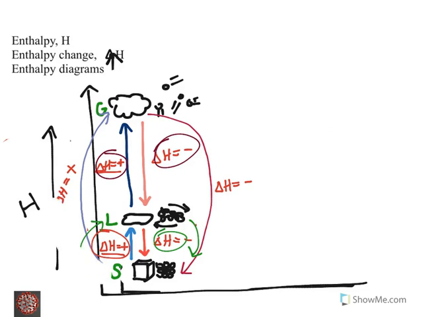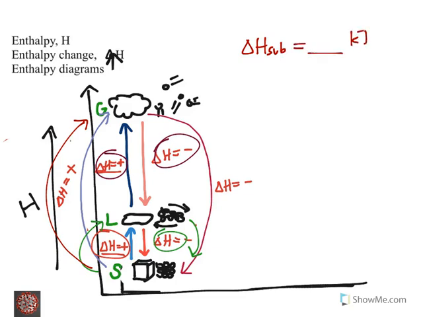And finally you have solid going into gas. That's sublimation, so you'll write the molar heat of sublimation is some amount of energy required for 1 mole of a solid to sublime to gas.